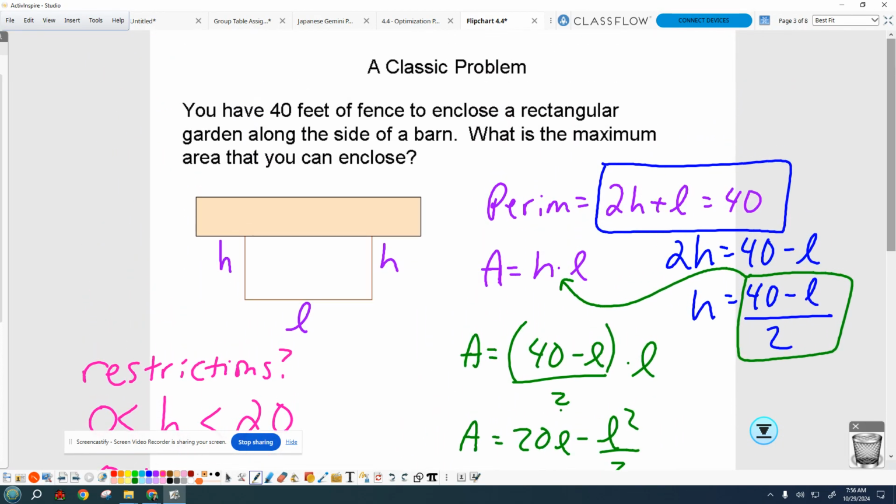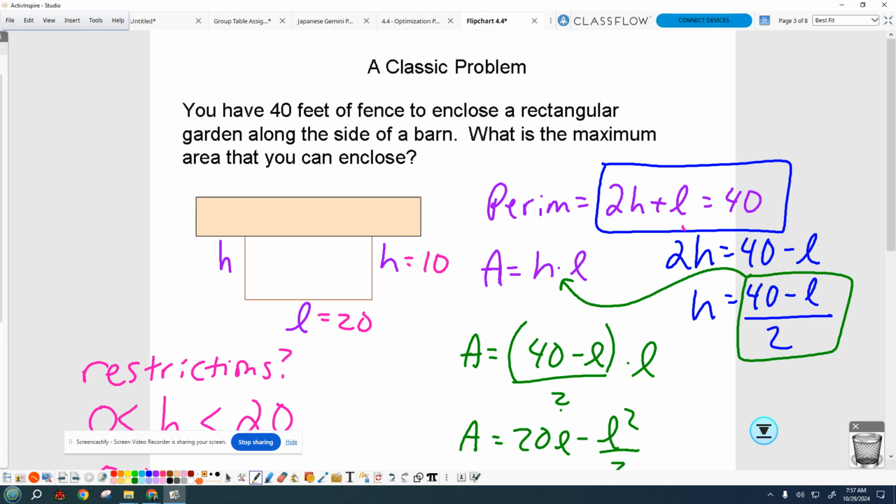What did the problem say? Did I answer the question? Amelia, what do I need to do? You already found it out. So I need to find H. How do we find H? Sebastian, you just go to the perimeter equation and plug in for L: 2H equals 40, so H equals 10.